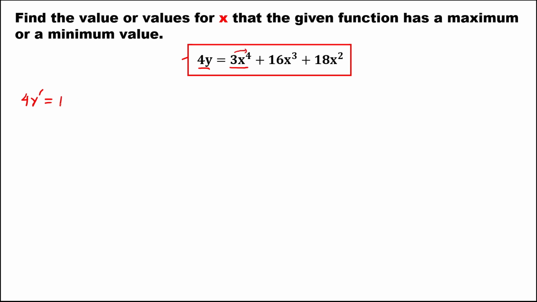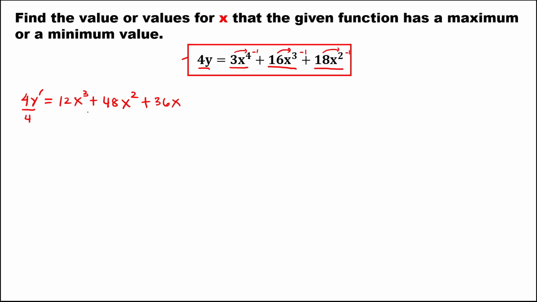So 3 times 4, this one is 12, then x minus 1 for the exponent, so to the power 3, then plus the derivative of 16x to the power 3, so 16 times 3, this is 48, then x to the power 2, then plus the derivative of 18x to the power 2, so 18 times 2, this is 36, then x to the power 1.